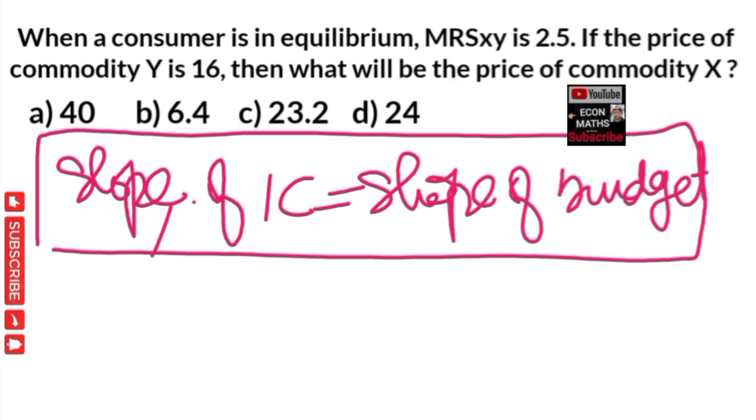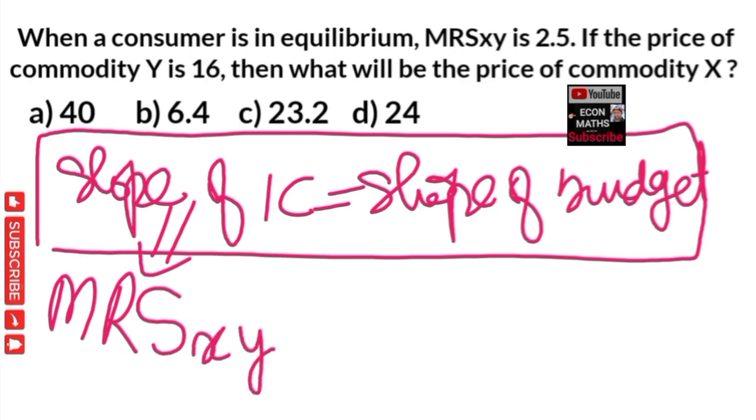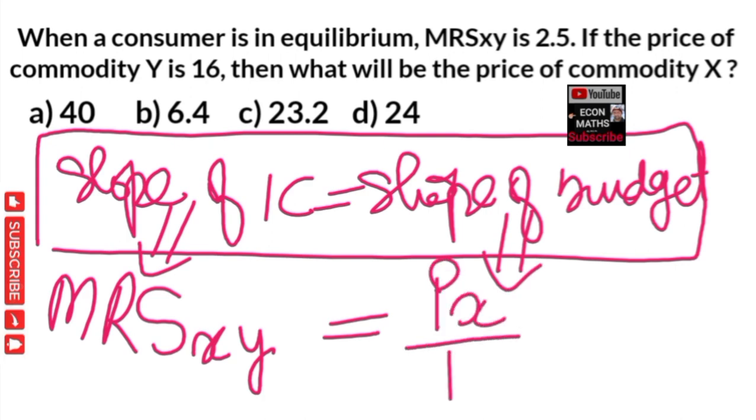The slope of the indifference curve is simply the marginal rate of substitution between x and y. It should be equal to the slope of the budget line, which is simply the ratio of the prices, that is, price of x divided by price of y. So we will use this very concept in solving the given question.